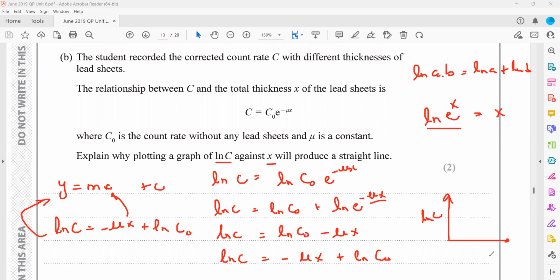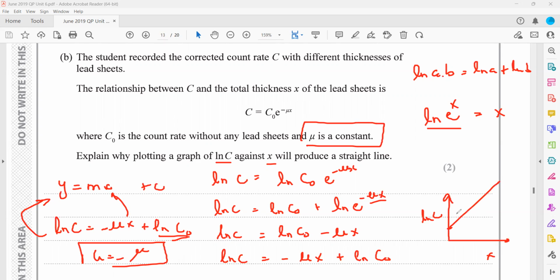So what will be the gradient? The gradient will be minus mu, and mu is a constant, so the graph will be a straight line. But this straight line does not start from the origin, because there is a y-intercept, Ln C naught. So this will be a straight line above the origin, where the positive y-intercept represents the value of Ln C naught.